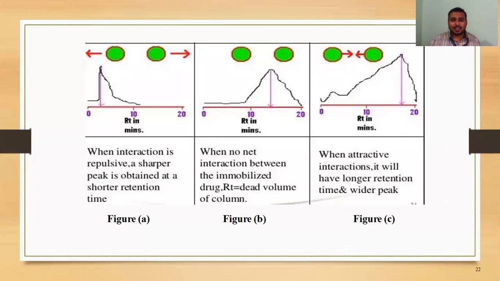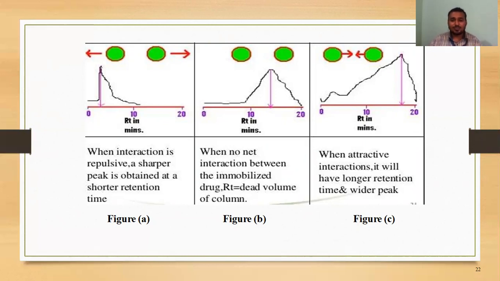So you can see in this picture, these are the graphs. When the interaction is repulsive, a sharper peak is obtained at a shorter retention time. So if a sharp peak occurs at a shorter retention time, we can conclude that a repulsive interaction happens.